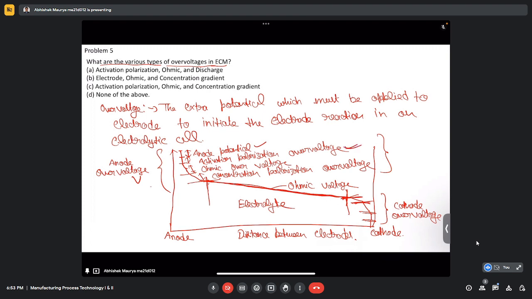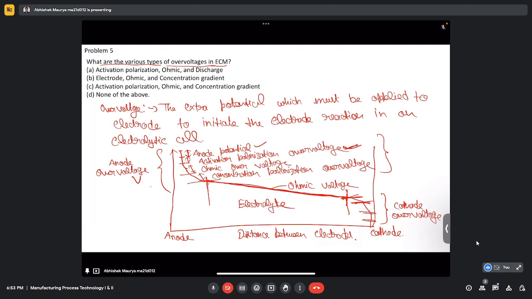For activation, we need to keep some additional potential in order to facilitate the movement of ions that is involved.